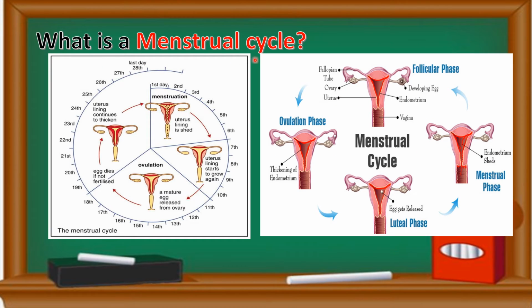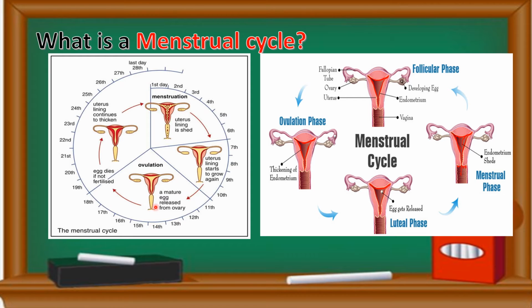Okay, so what is a menstrual cycle? Here we have menstruation, when the uterus lining is shed. And then after that, during the 6th day, the uterus lining starts to grow again. And from the 11th day to the 18th day, ovulation happens, so a mature egg is released from the ovary.